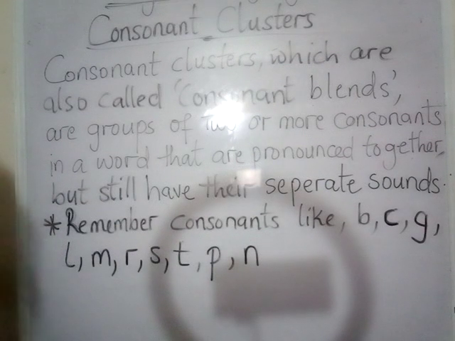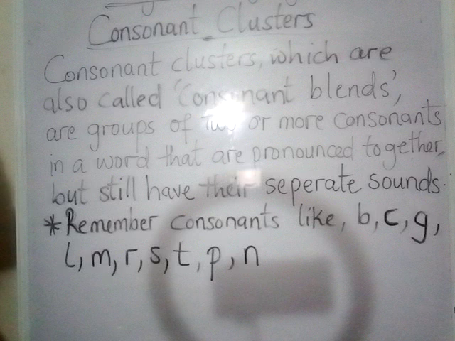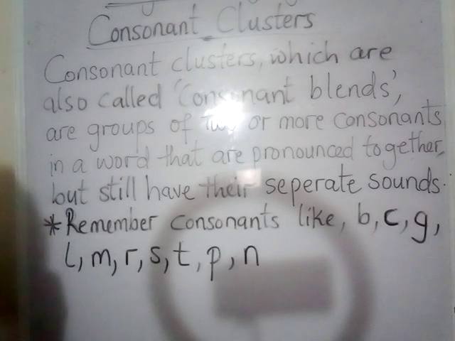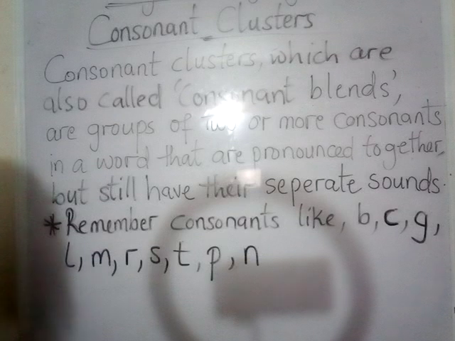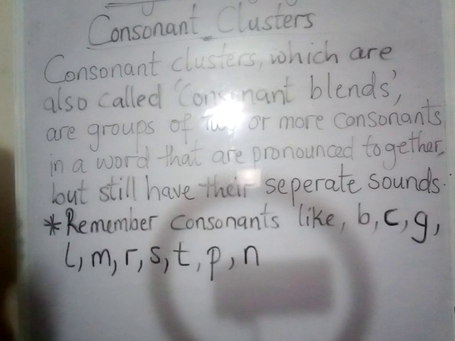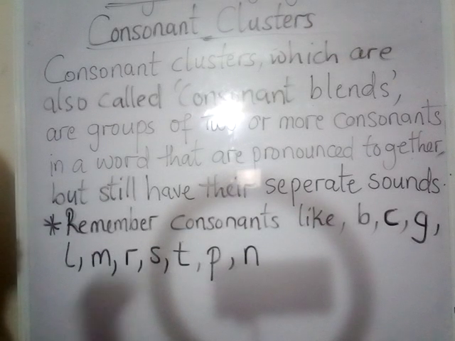So we're going to explore some examples of consonant blends as they exist in words, and then we're going to see their pronunciation and examples of the different categories. Remember, B is a consonant and L also is a consonant.